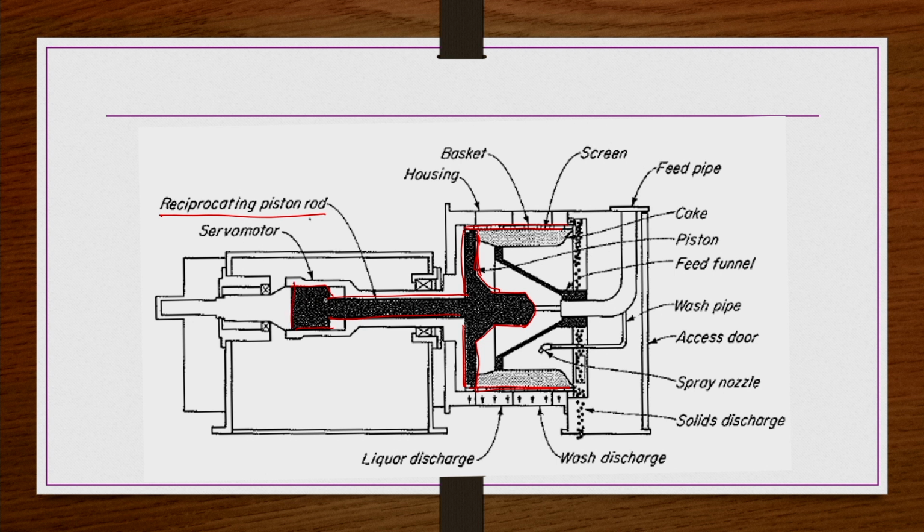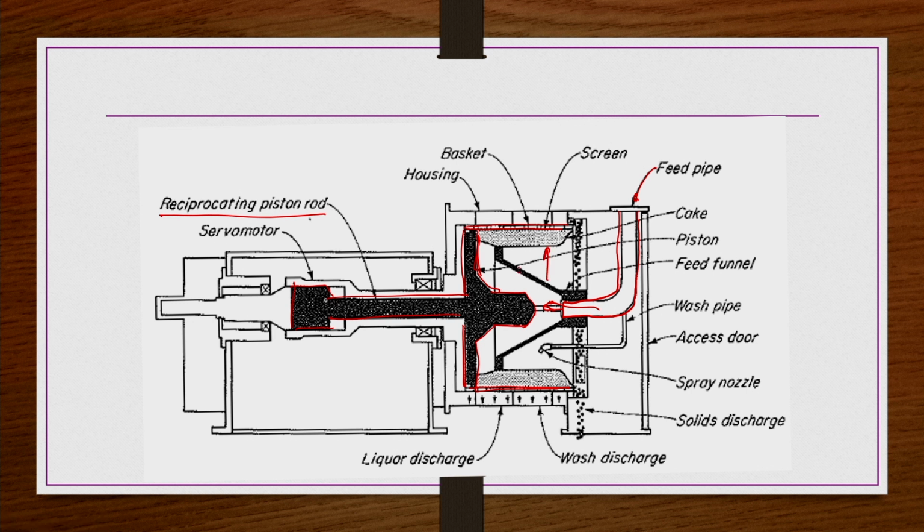Now, there is a feed pipe here. The feed material comes in here, and this bowl is rotating. Because of the rotation, centrifugal action will develop and pressure will build up.